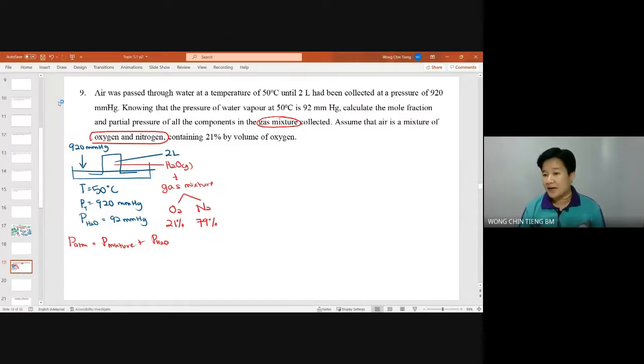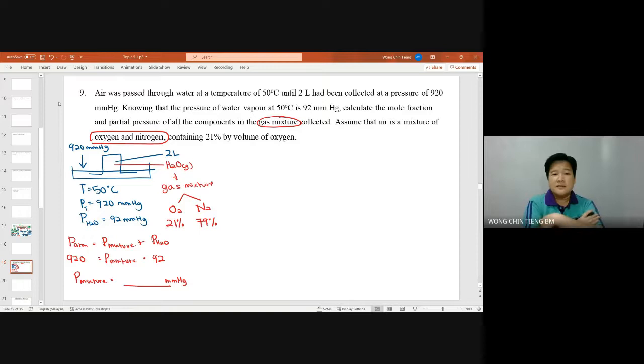Dia bukan gas sahaja. Sama ada guna total, sama ada guna mixture. Guna mixture senang lah, kita nampak terus campuran gas tu. The atmospheric pressure right now is 920. Mixture is the one that we are looking for. Water is given 92. So kamu akan dapat the partial pressure of the mixture, which is still in millimeter mercury.